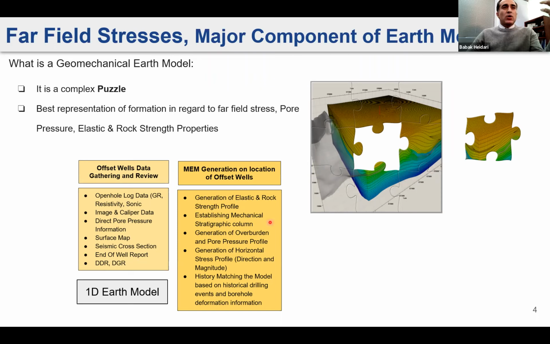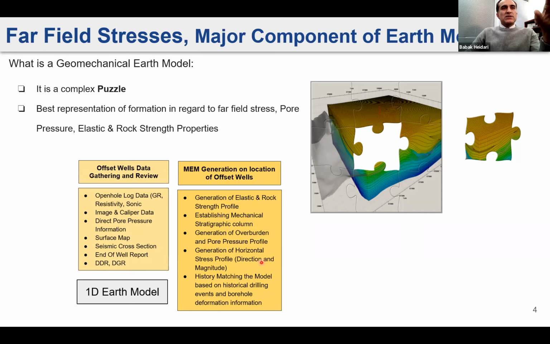We need to know what formation we are dealing with and what the characteristics of this formation are. Then the pore pressure profile, overburden stress, and later, close to our final product, we have horizontal stresses. This highlights the fact that this piece of information is highly dependent on the rest of the steps that we already took to come up to this stage.